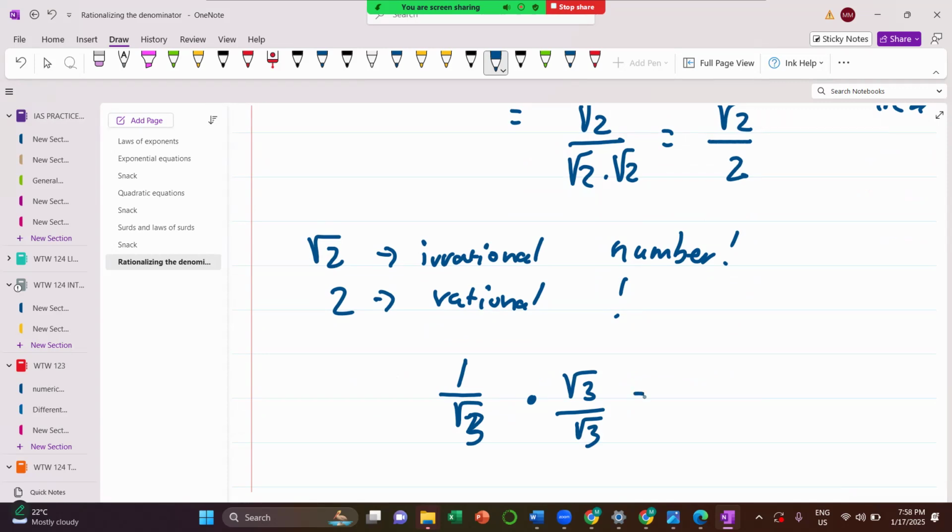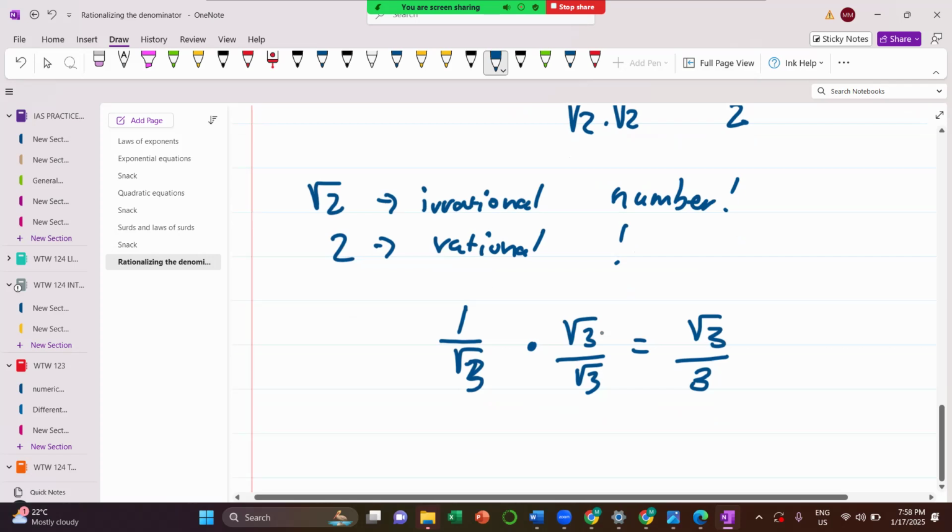And then it's going to give you square root of 3 over 3. So that you've rationalized this denominator of square root of 3. Are you guys okay?